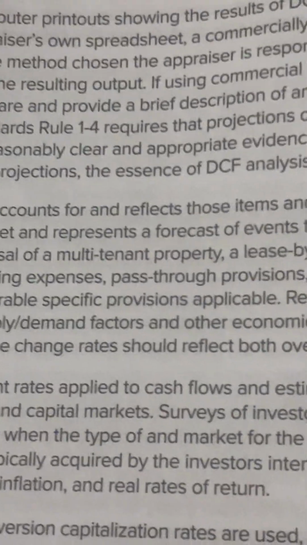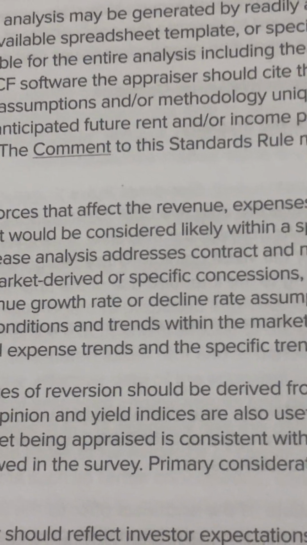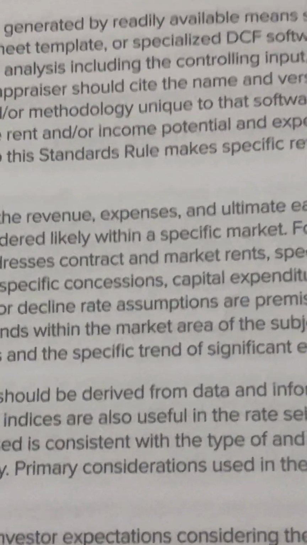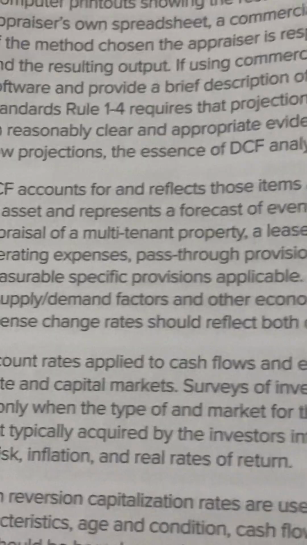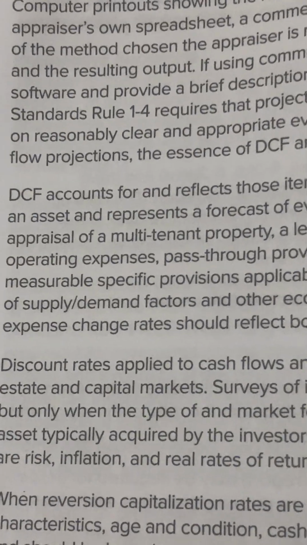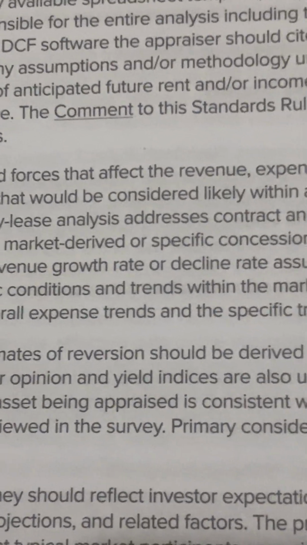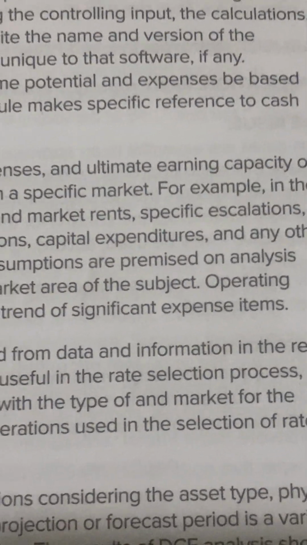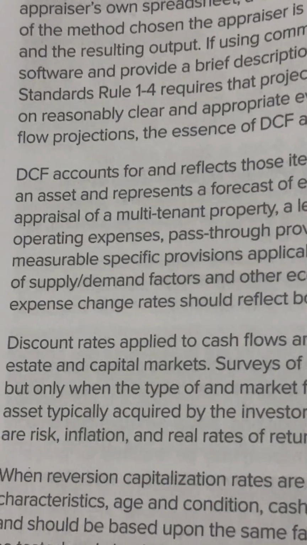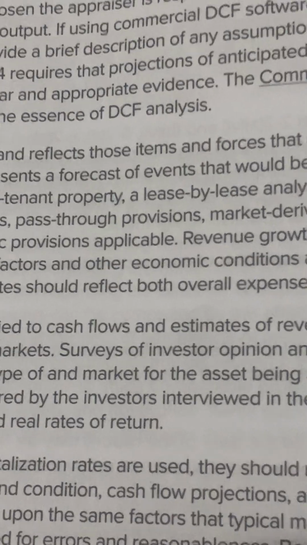Standards Rule 1-4 requires that projections of anticipated future rent and/or income potential and expenses be based on reasonably clear and appropriate evidence. The comment to this standards rule makes specific reference to cash flow projections, the essence of discounted cash flow analysis.